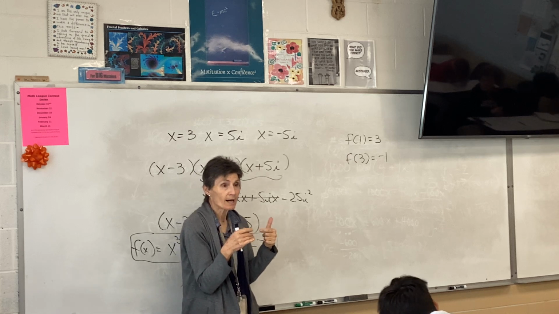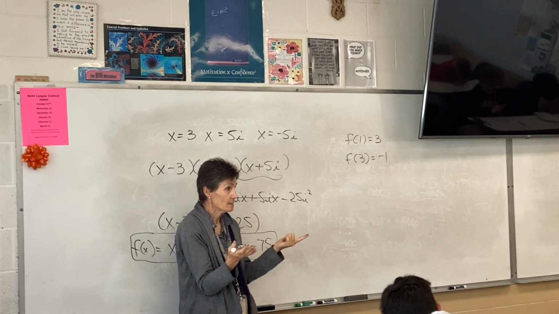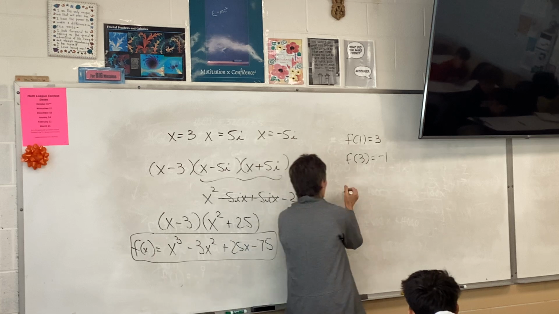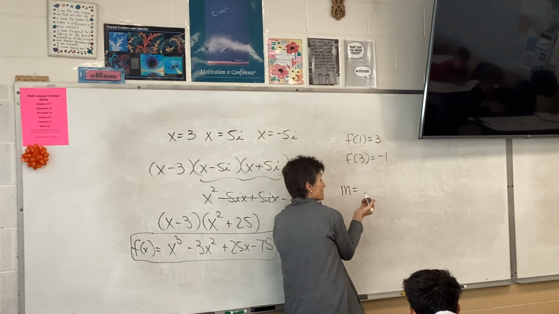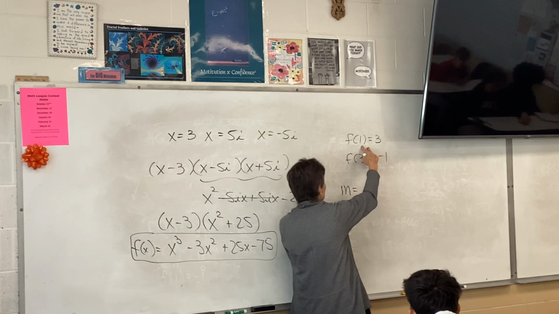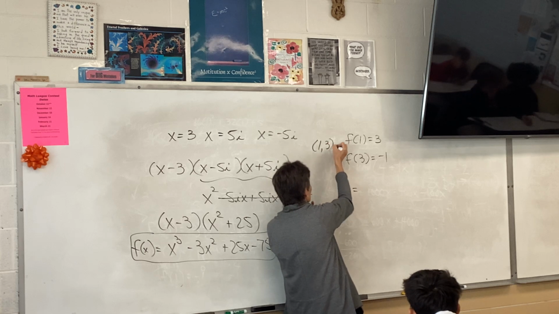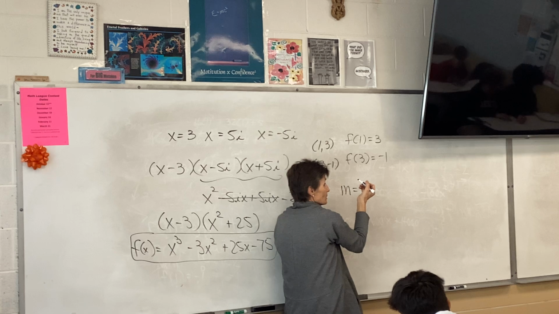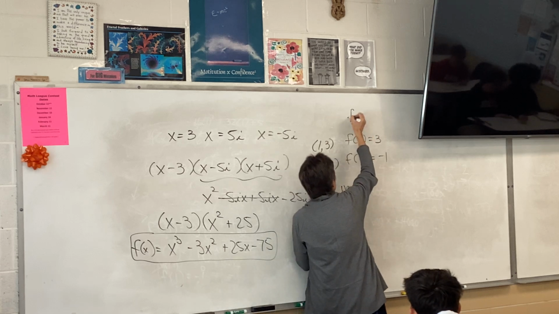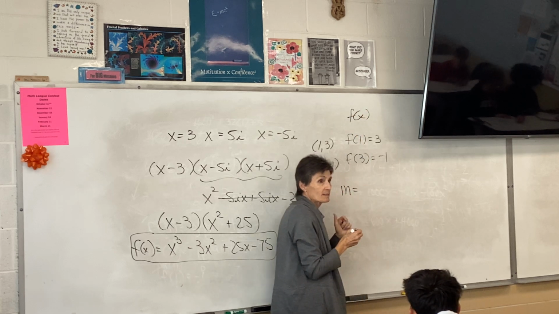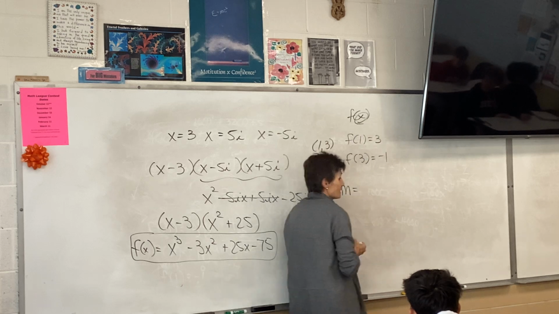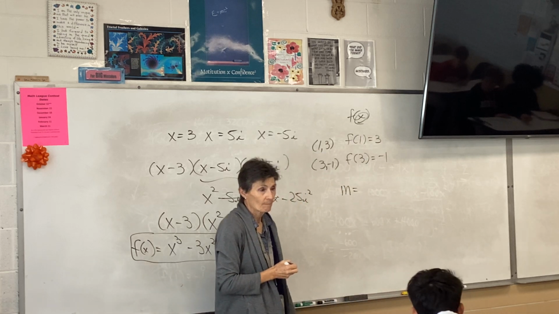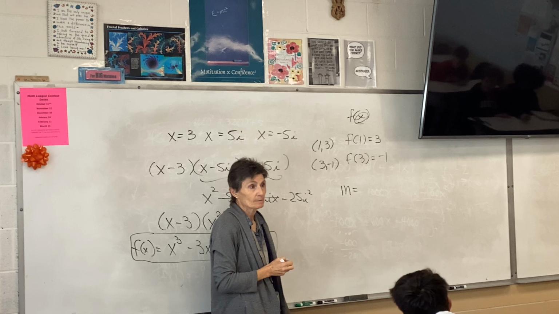And when you think line, you know I gotta have the slope. So slope requires 2 points. What are my points? 1, 3, and 3, negative 1. Don't mix those up. Function notation is f of x. Whatever's in the parentheses is an x.